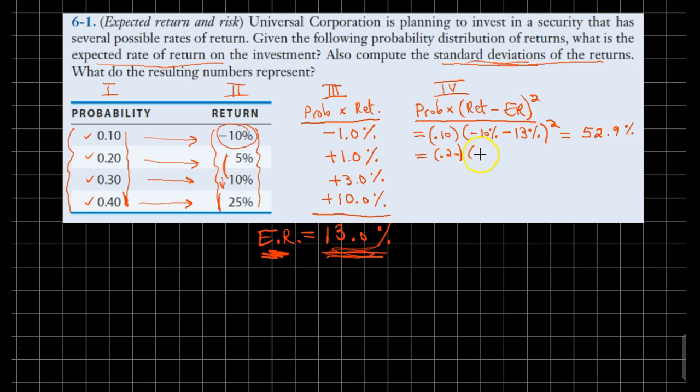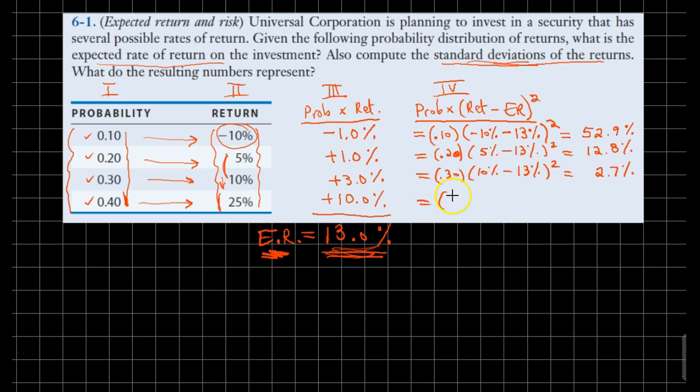And we can continue to do similar things here. So 20% chance, our return will be 5%. The average is 13%. And we square it. 5 minus 13 is minus 8, 8 squared is 64. 20%, 1/5 of 64 is 12.8%. For the third row, we have 30% chance that our return will be 10%. The average return does not change again, it's 13%. 10 minus 13 is minus 3, minus 3 squared is 9. 30% of 9 would be probably 2.7%.